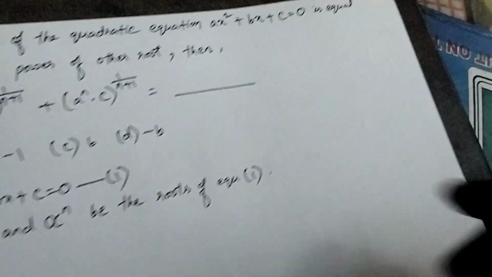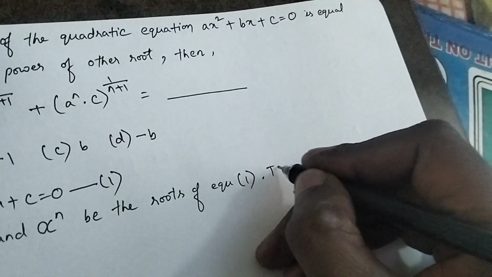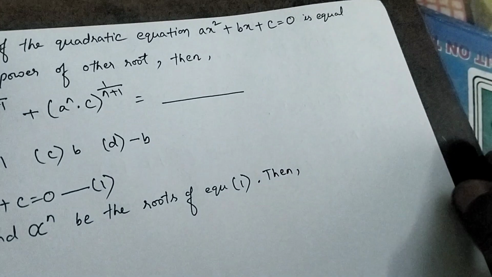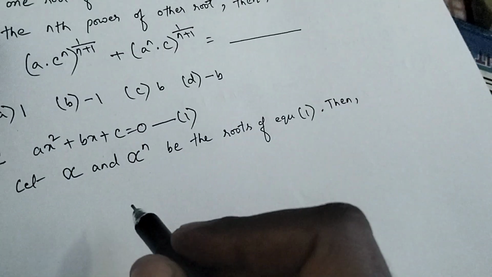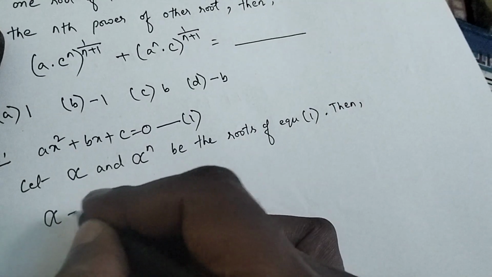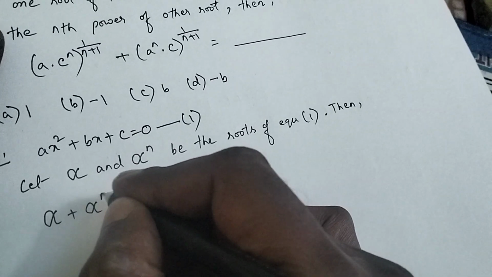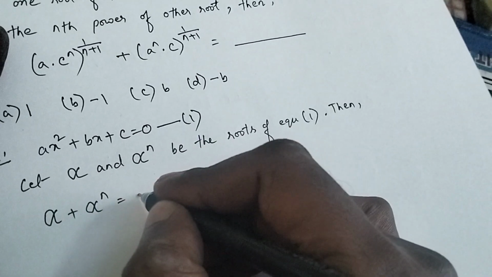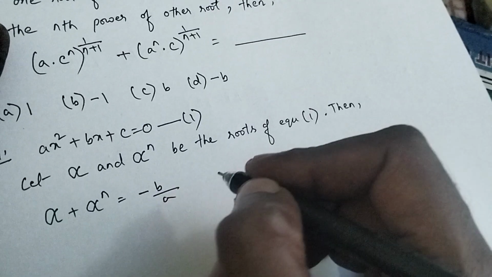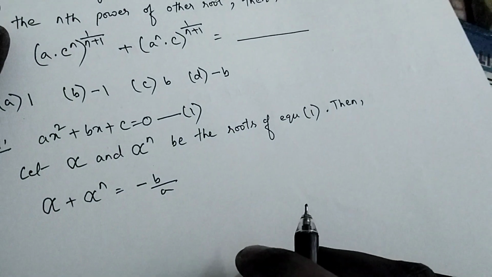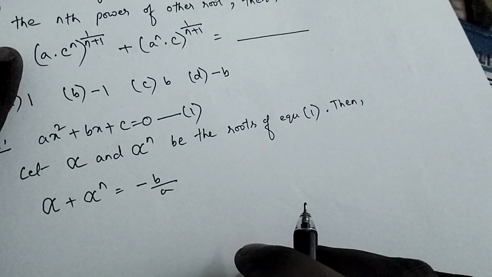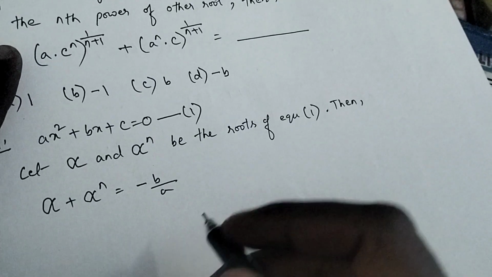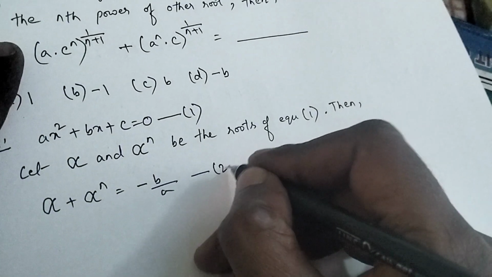Then the sum of the roots, alpha plus alpha to the power n, will be minus b by a, right? So name it as 2.